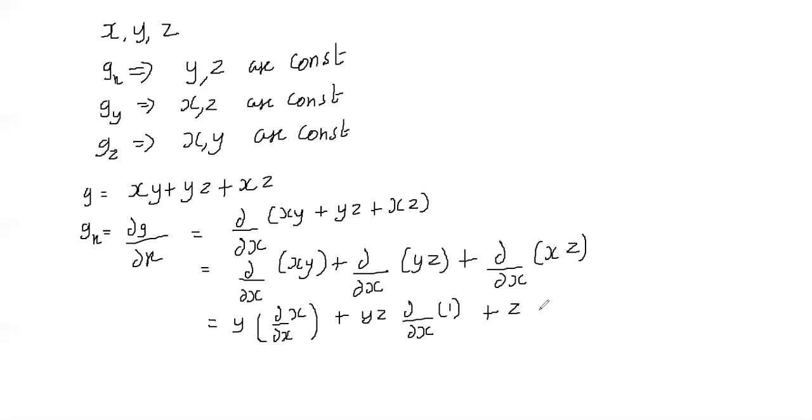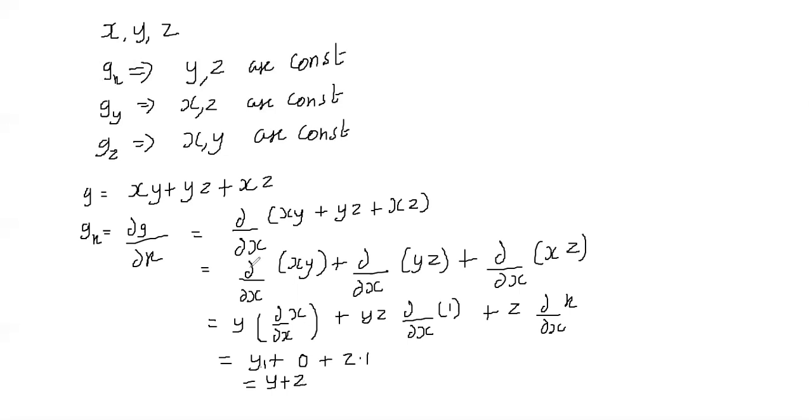Plus z is constant, dou by dou x of x. So dou x by dou x will be 1. So y into 1 is y, plus differentiation of a constant, we know that is 0, and z into dou x by dou x, which is 1. So finally this will be equal to y plus z.